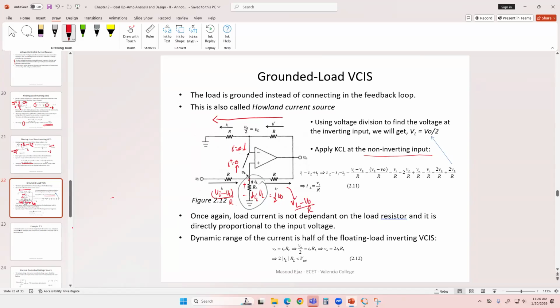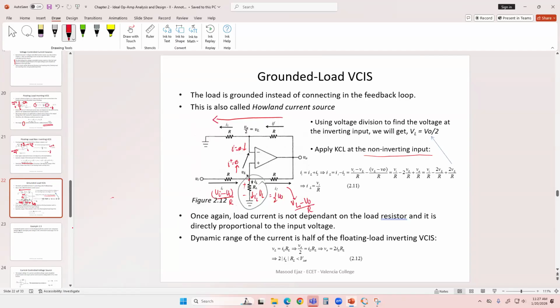And those three equations are shown over here. I1 is V input minus VL over R. And then I2 is VL minus V naught over R, that's your I2.